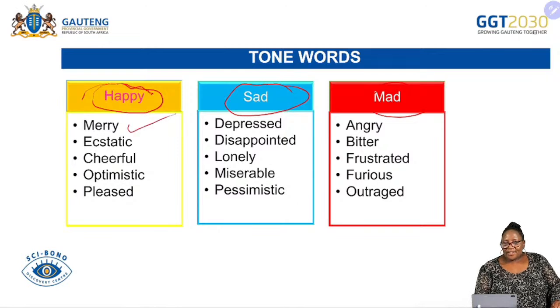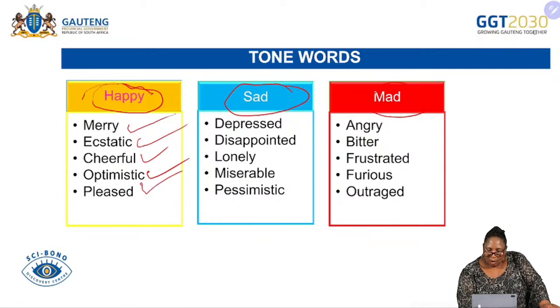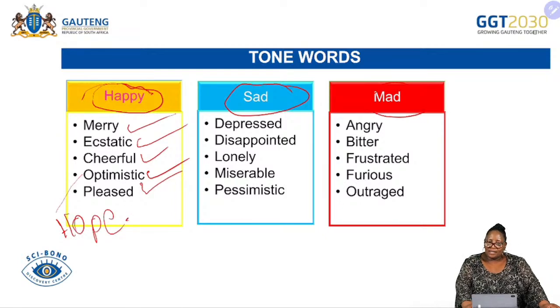They are merry. They could be very ecstatic, cheerful, optimistic, or they are just pleased. Optimistic, things are looking up. They have hope. So when we talk of optimistic, you will note that there is hope there. That things are not as bad as they seem.